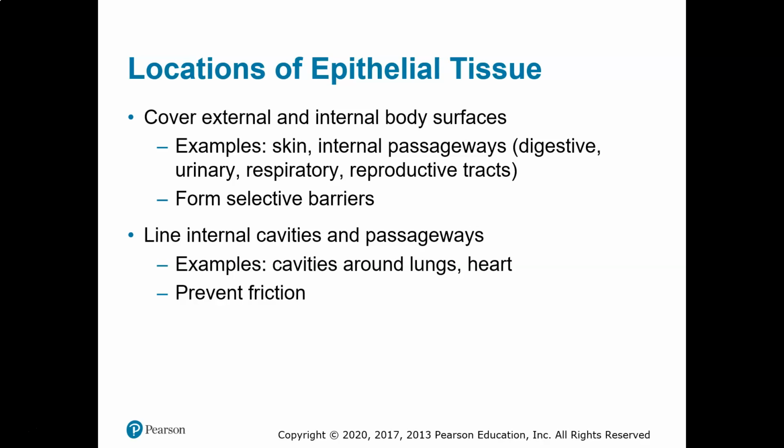So examples are skin, internal passageways, covering the internal passageways, like covering the outside of the stomach, covering the outside of the bladder, covering the outside of the lungs, covering the outside of the ovaries or the testes, and forming selective barriers, barriers that allow certain materials to cross and don't allow others to cross.